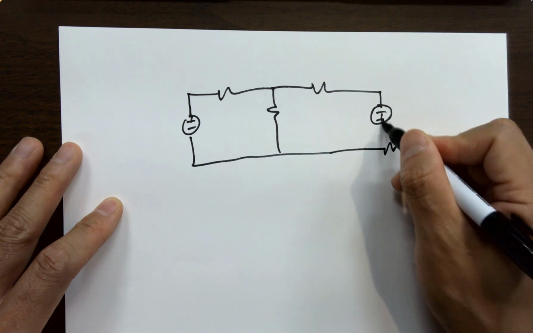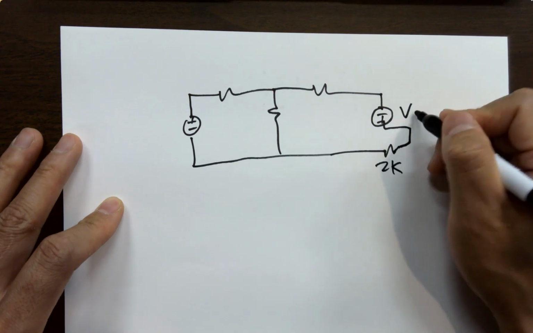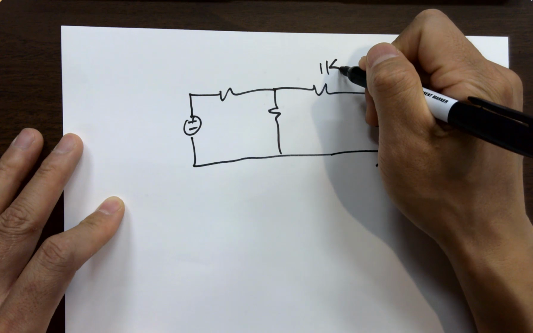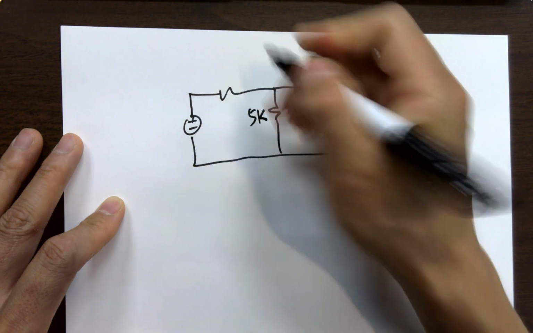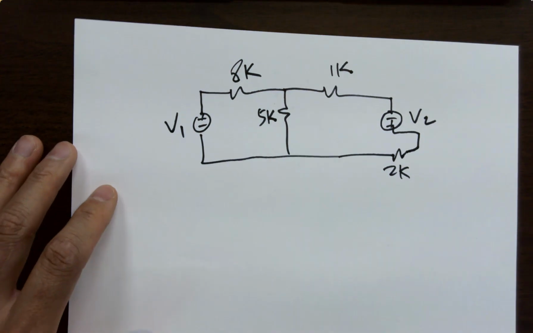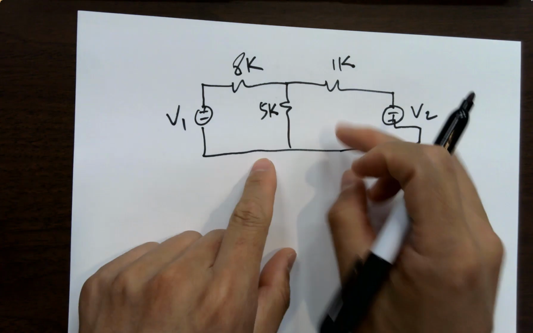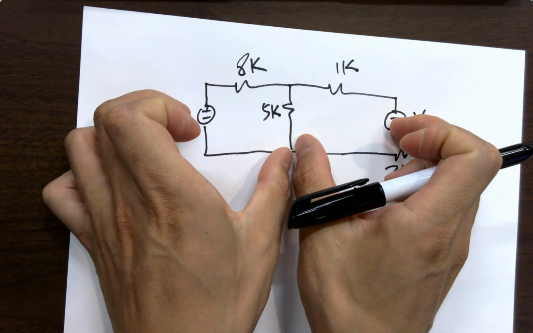Oh, missed the one resistor. 2K, V2, 1K, 5K, 8K, V1.